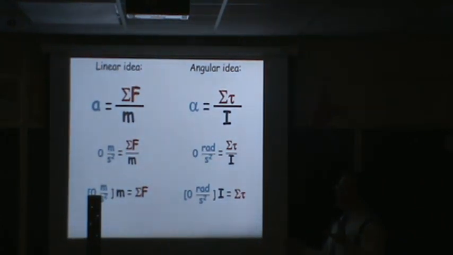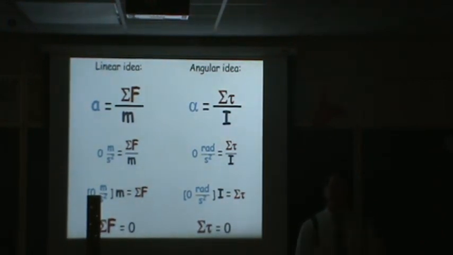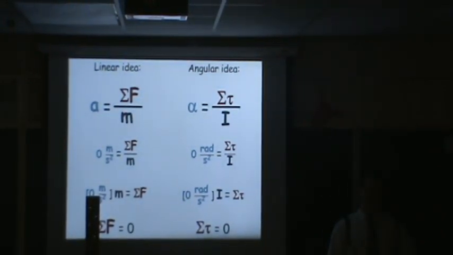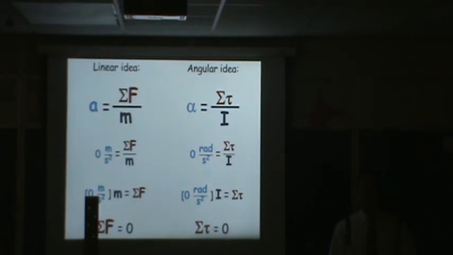Therefore, the net torque acting on all systems that aren't rotating had to be equal to 0. A huge problem for physics B types, never on the free response, always on multiple choice, would be the seesaw. Remember as a little kid playing on the seesaw? You would sit on it, and then your friend would adjust where they're sitting, and it would be balanced. Why? The net torque is 0.